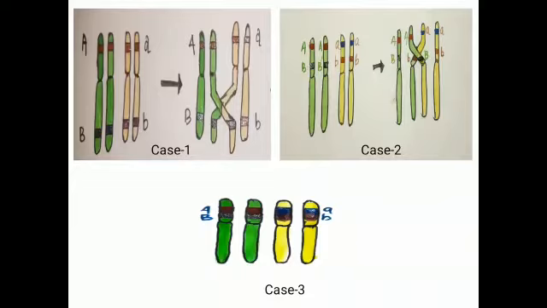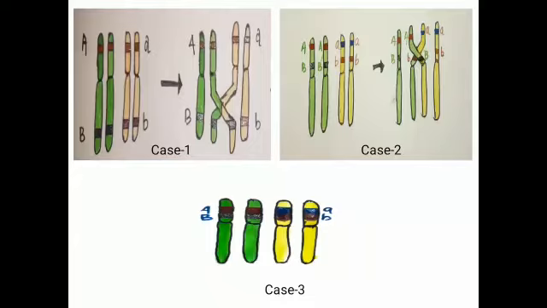But here also we can observe the crossing over takes place even if the genes are present a little closer. That means even if the genes are closer, if crossing over takes place in this part, both the genes will be separated and transferred to the other part, like the capital B will be transferred to this part and the small b will be transferred to this part.